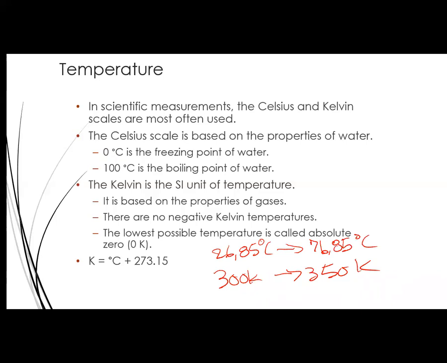So the distance between them, those gaps, are the same. So if you change 1 degree Celsius, you also change 1 Kelvin. If you change 10 Kelvin, you change 10 degrees Celsius. And so that's why we sometimes use those interchangeably, is because it's so simple to move back and forth between them.